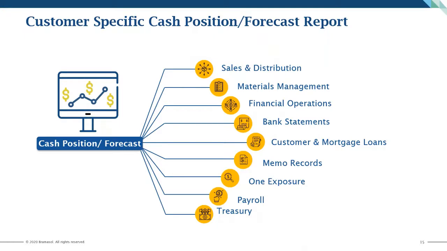With this next phase to get into the forecast, you're taking information from SAP, from your subledgers, looking at your sales and distribution, materials management, your financial operations, your bank statements, loans, memo records, things from exposure management, your payroll, your treasury, bringing all that information together and having visibility of what's going on in your business so you know what's coming or going from now and into the future forecasted period.